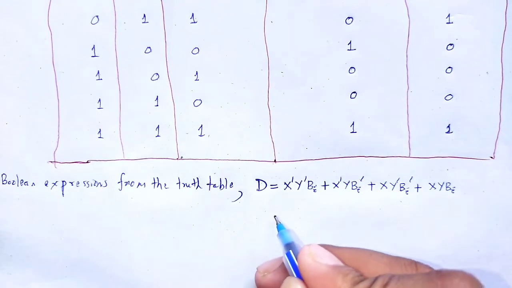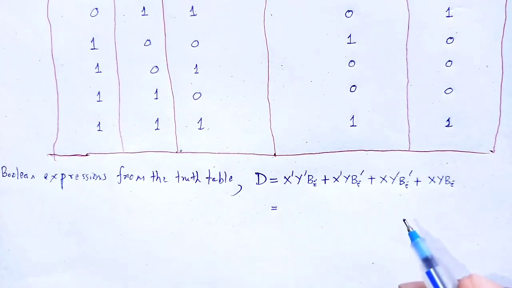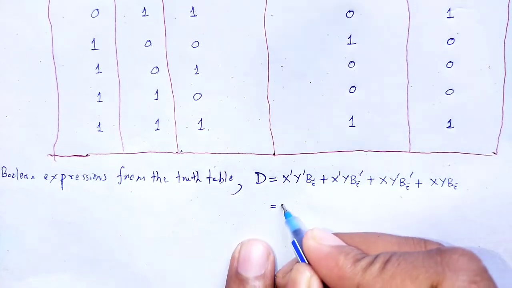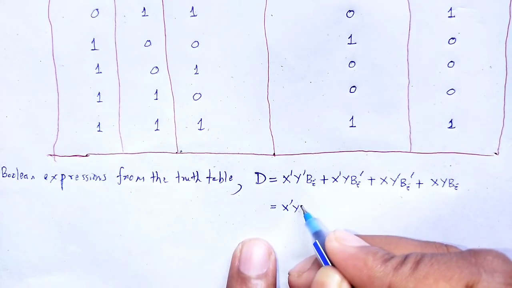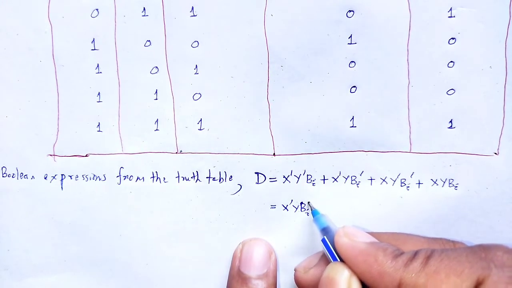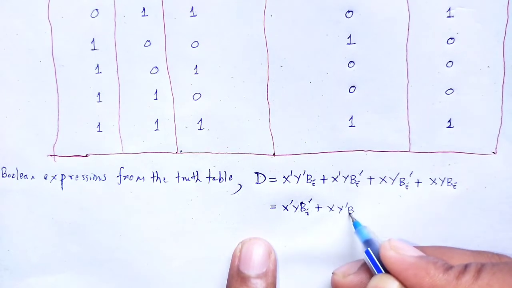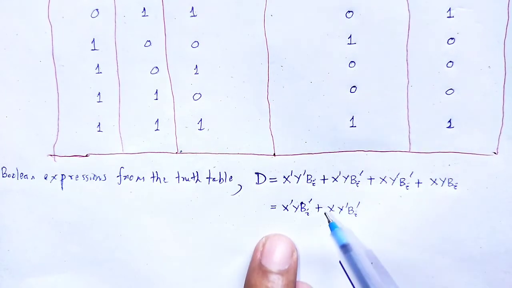Now solve that Boolean expression, first rearranging the terms. So x prime, y prime, bi, plus x, y, bi, plus x prime, y, bi prime, plus x, y prime, bi prime.